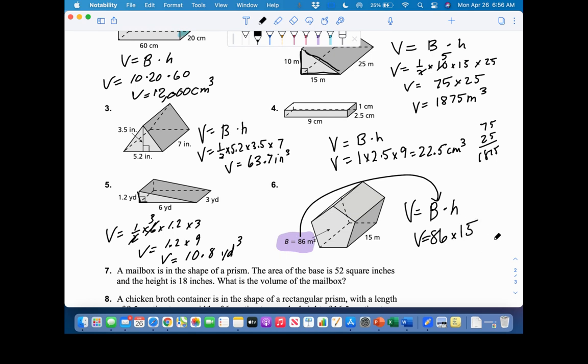So that's all you end up doing is 86 times 15, which is 1290. And so in a way, even though it's kind of weird and you're not sure what to do with that, once you know what to do with that, it's really easier almost.